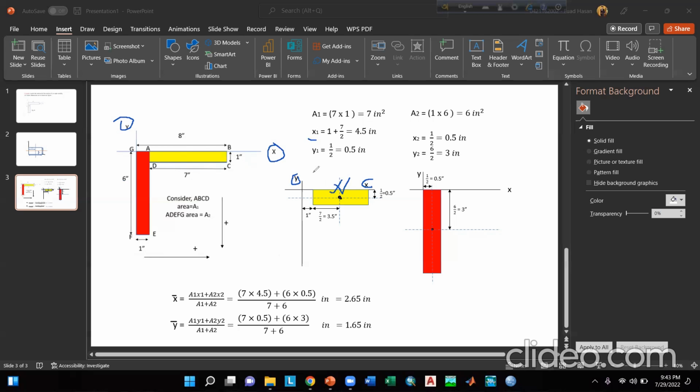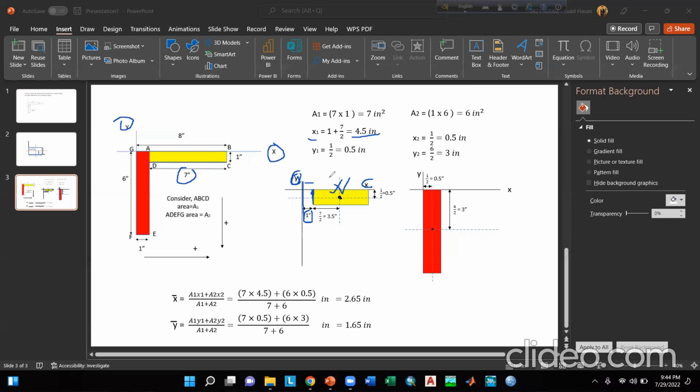The centroidal distance x1 represents a distance from the reference y-axis, which will be equal to 1 inch plus half of its length, which is 7 by 2. So the final result will be equal to 4.5 inch. So why do we have to add this 1 inch here? Because our reference y-axis is at a distance of 1 inch from this edge of this rectangular area. So we have to calculate it like this.